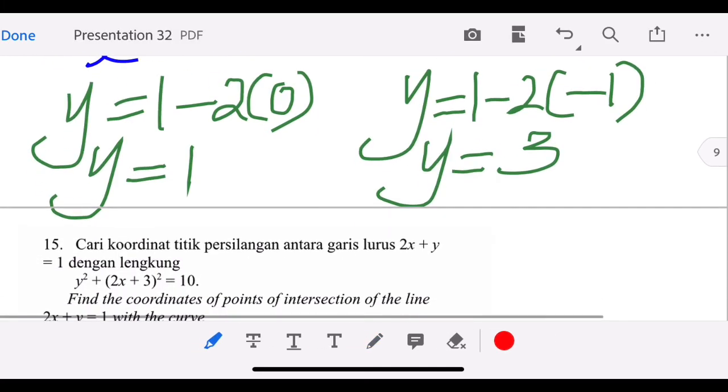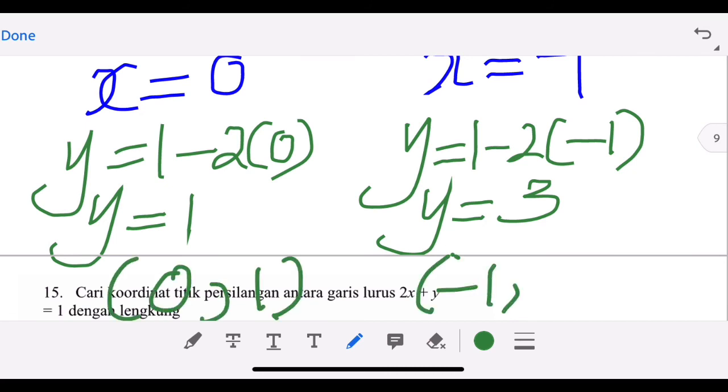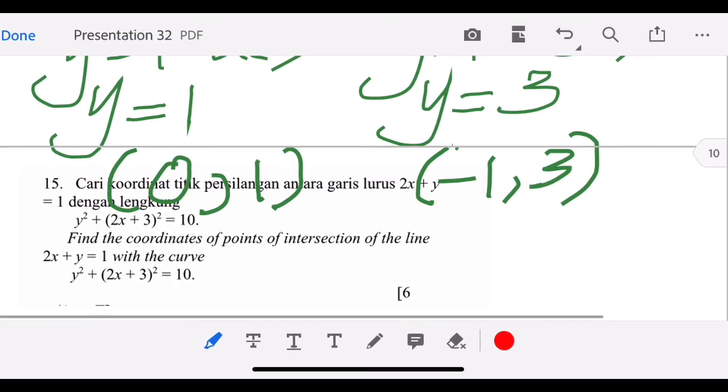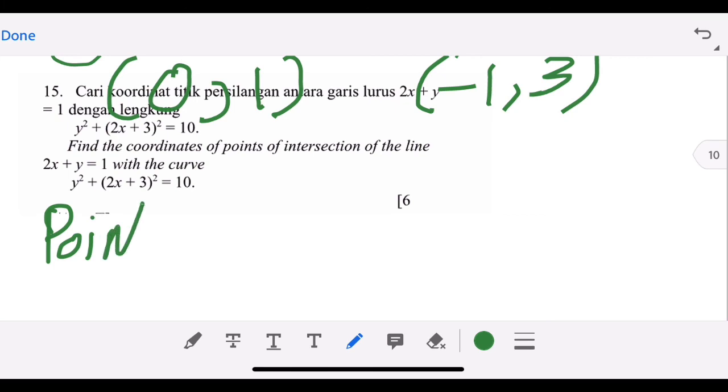So remember, your answer must be in point form. So let's see, we have the answer, which is 0 and 1, and then negative 1 and 3, right? So these are the points of intersection. So we write the answer.